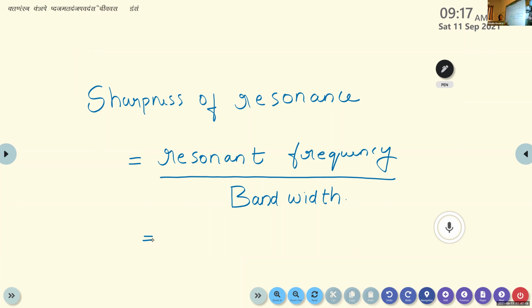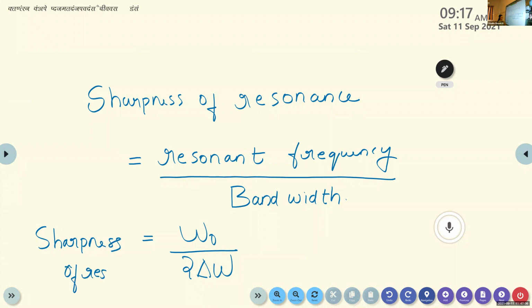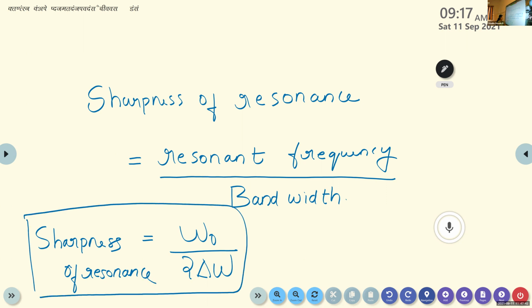Or we can write sharpness of resonance is equal to resonant frequency, meaning omega 0, divided by bandwidth, meaning 2 delta omega. So sharpness of resonance is equal to omega 0 by 2 delta omega, or it is the ratio of resonance frequency by bandwidth.